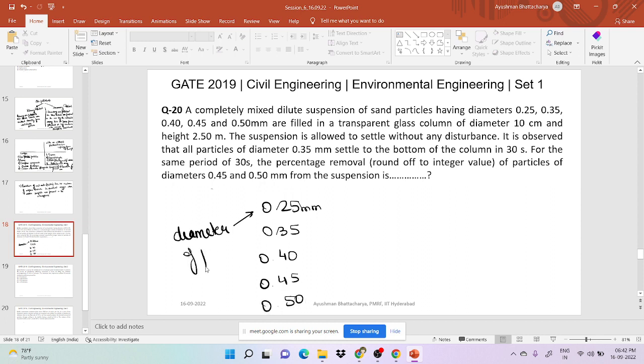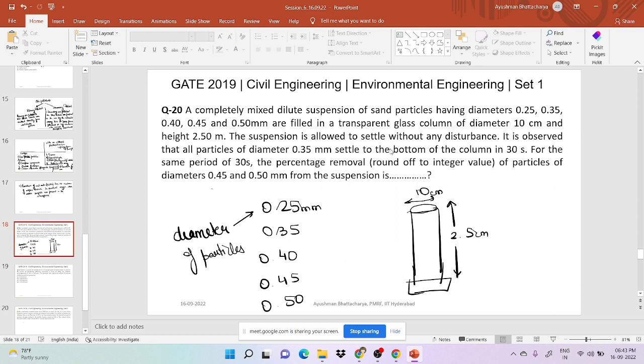So they have provided the diameters of particles. They are filled in a transparent glass column of diameter 10 centimeter and height 2.5.